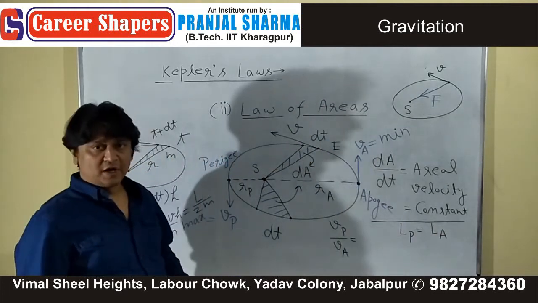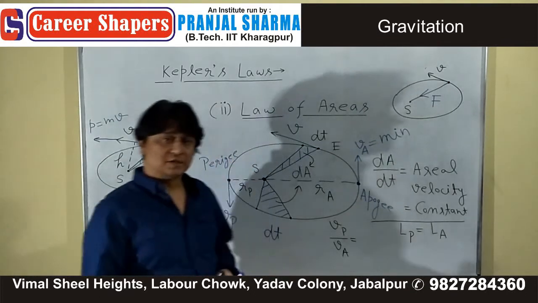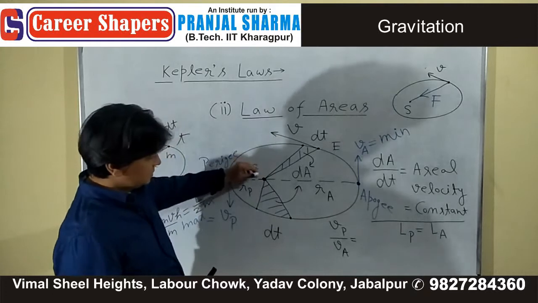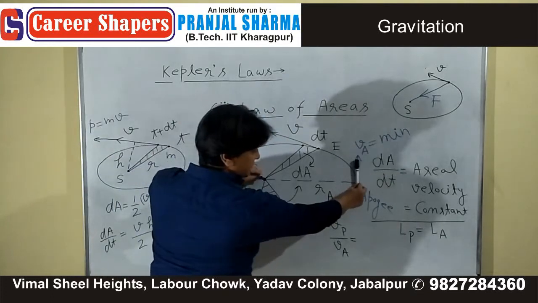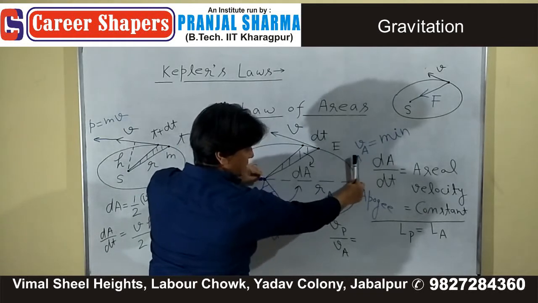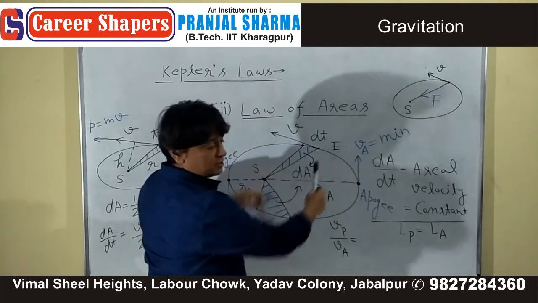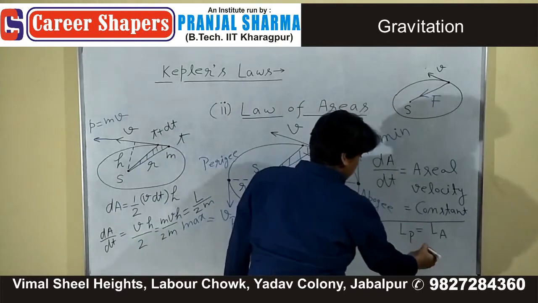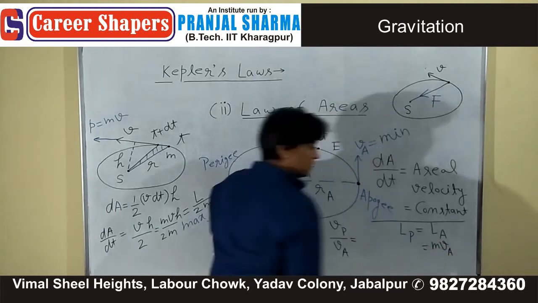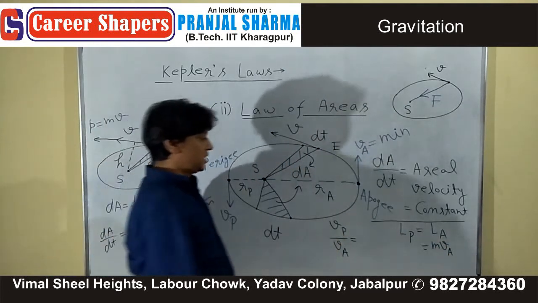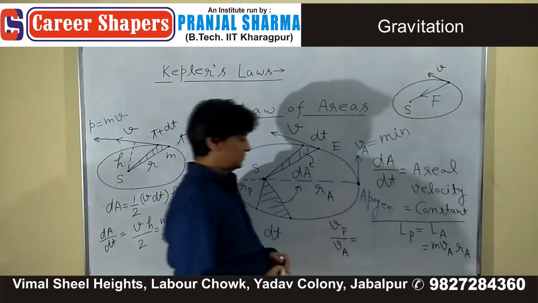What is angular momentum? Linear momentum multiplied by perpendicular distance from the axis of rotation. This is the axis of rotation, this is linear momentum, and that's the perpendicular distance. It's this easy. So what is LA? Linear momentum m into VA multiplied by perpendicular distance, which is RA.